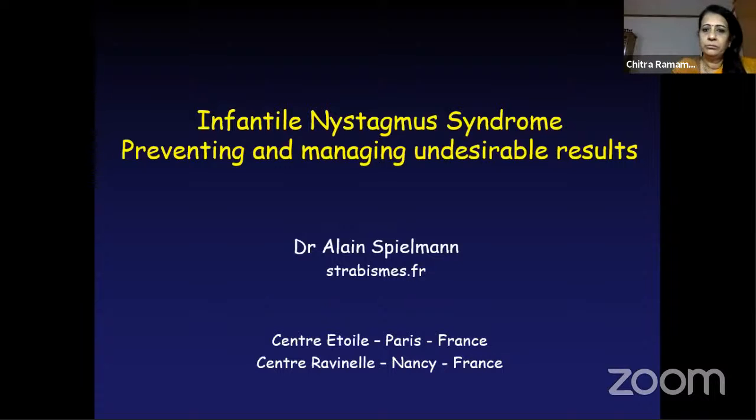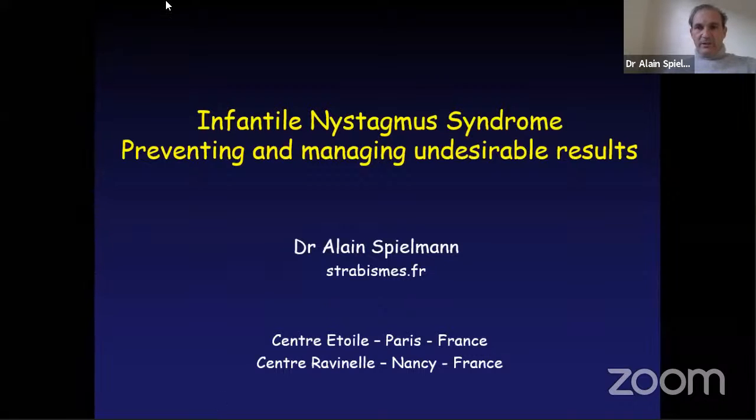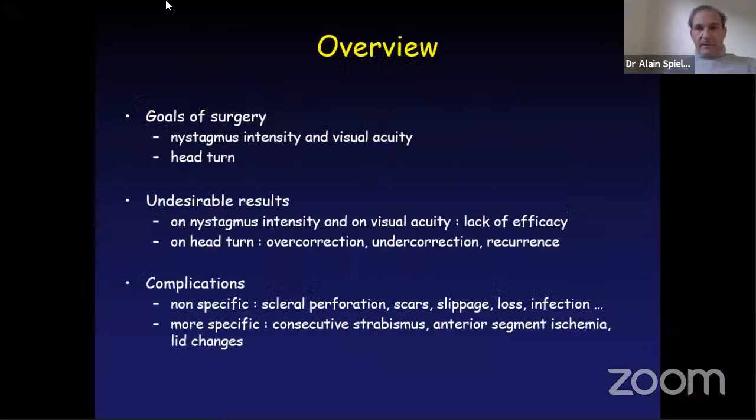I will talk about preventing and managing undesirable results in infantile nystagmus strabismus. If we think about the goals of surgery, that is to dampen nystagmus intensity and to improve visual acuity by doing so, and also to improve head turns.